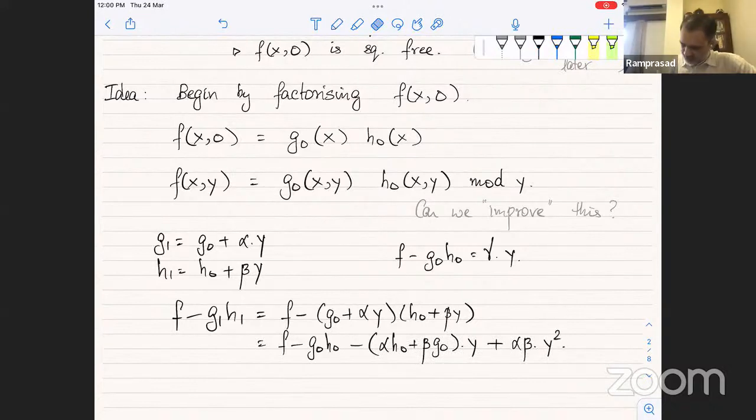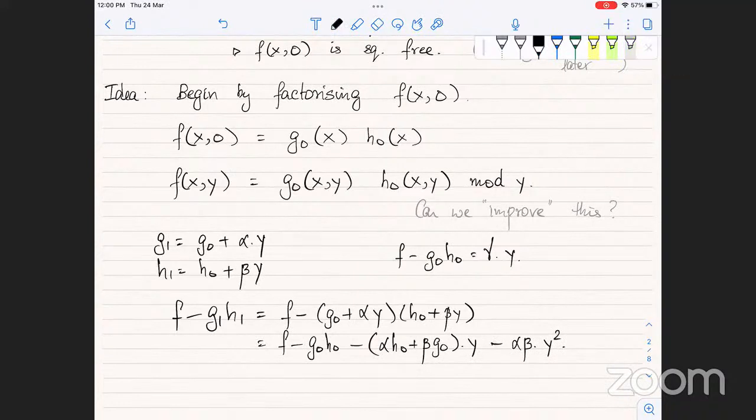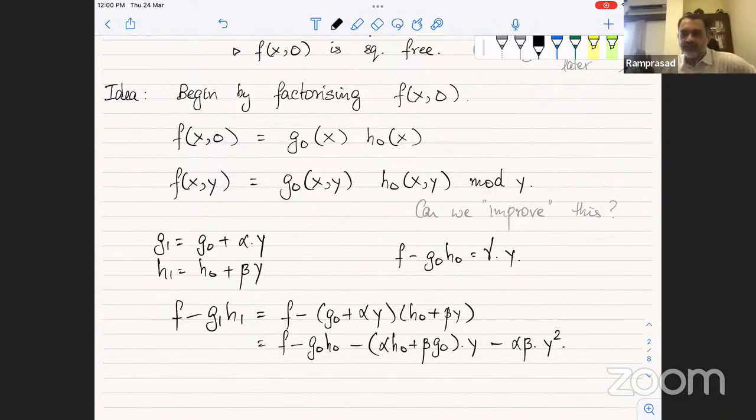Or maybe there's a minus alpha beta y squared. Alpha and beta are the scalars. I mean, at this point, I don't know. Alpha maybe is a polynomial. Who knows? Right now we are letting alpha be floating, and we'll figure out exactly what alpha and beta ought to be.